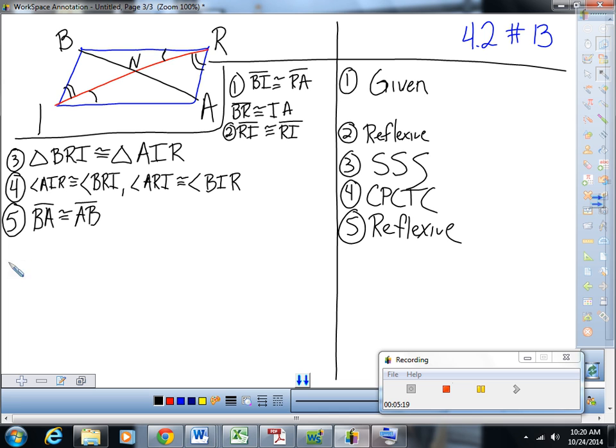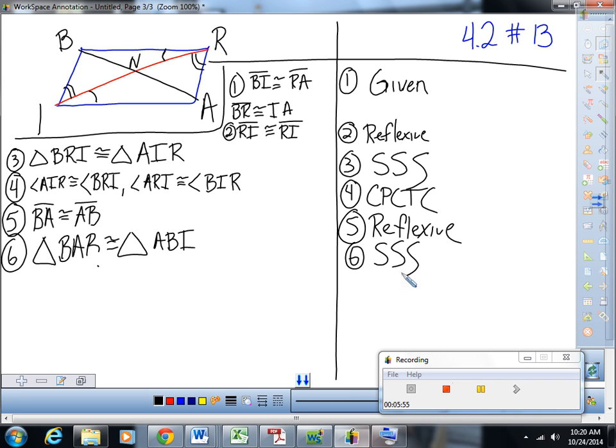And now I can say that triangle BAR is congruent to triangle ABI by side, side, side. I'm going to check that again.